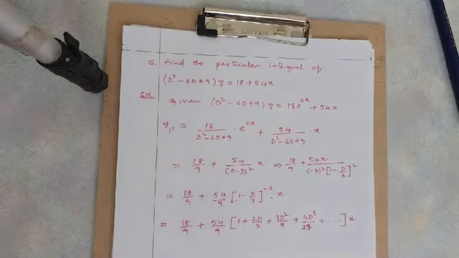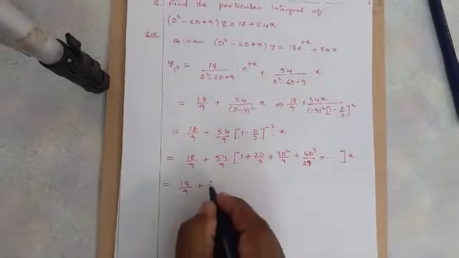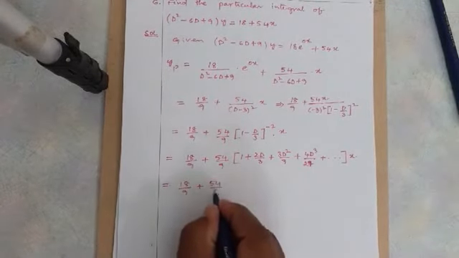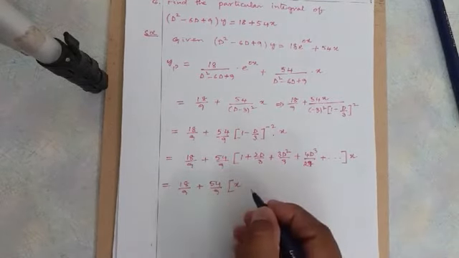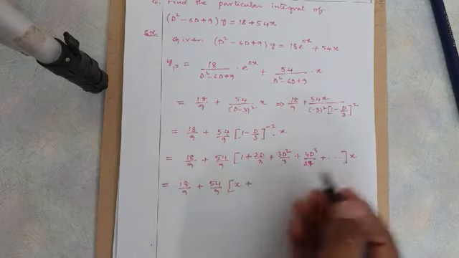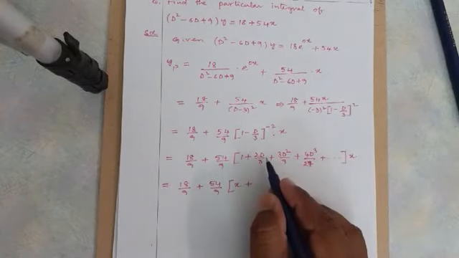Now this is equal to 18 upon 9 plus 54 upon 9. Then when you take this x inside, 1 into x is x, plus when you differentiate, here d is nothing but d by dx, you know that.